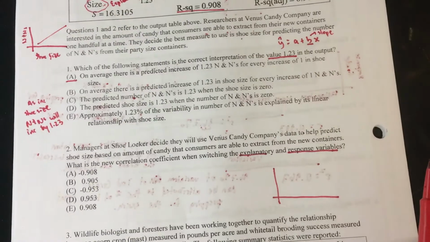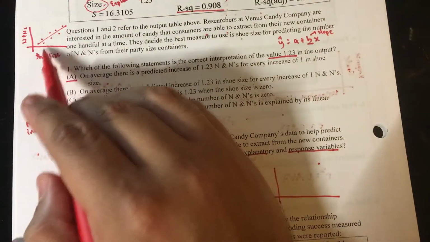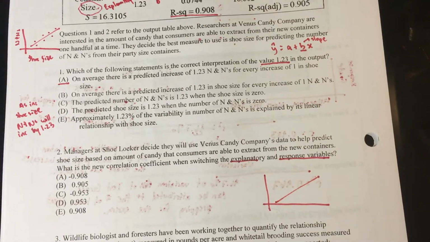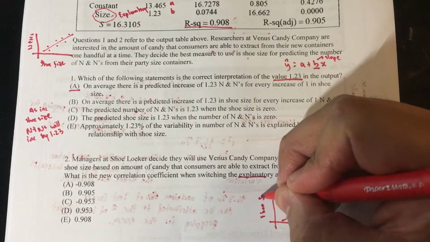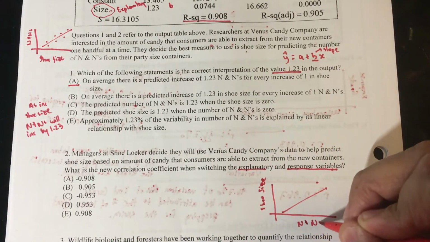And so the values here will change, the x and the y, but they will stay a positive correlation. So as the shoe size is now over here, and the N&Ns is over here.